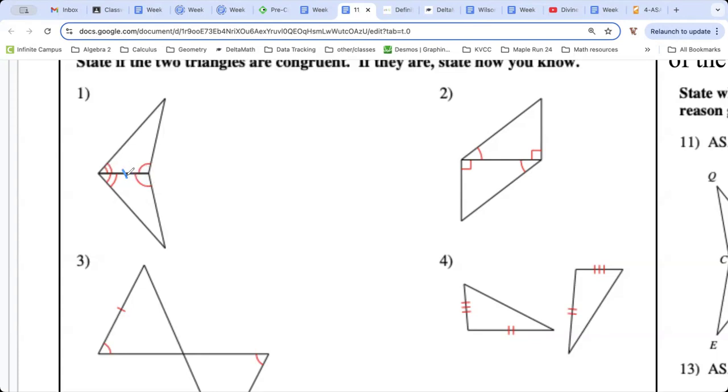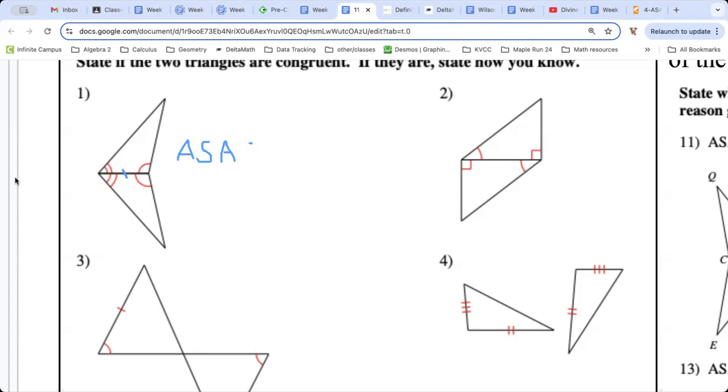So it's side angle side, side angle side. So we can pretty safely declare that these two triangles are congruent. And actually I should write it like this. This is actually angle side angle. Okay, ASA, angle side angle.